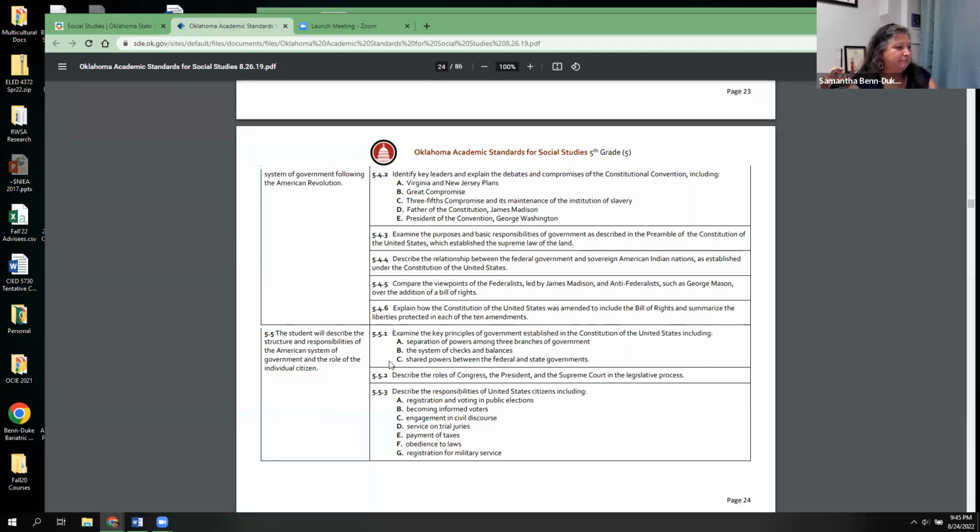So we have our civics embedded in here, and notice that we have responsibilities of citizens, and then we look at the 3 branches of government, and we examine the key principles of the government.